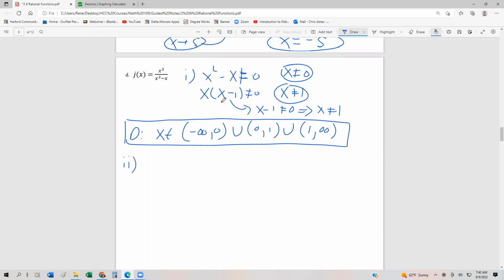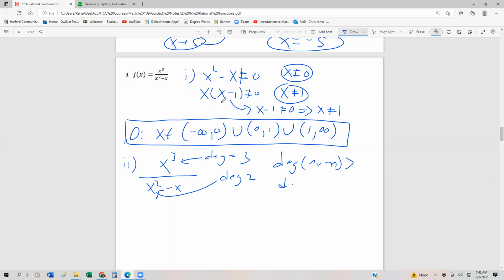The next thing we're going to do is find the horizontal asymptotes. And that's where we take a look at the degree of the numerator and the degree of the denominator. Now, the numerator has a degree of 3, and the denominator has a degree of 2. So we have that the degree of the numerator is greater than the degree of the denominator.